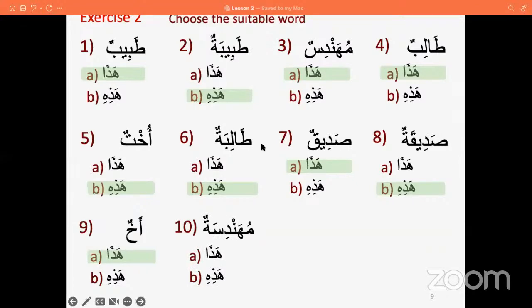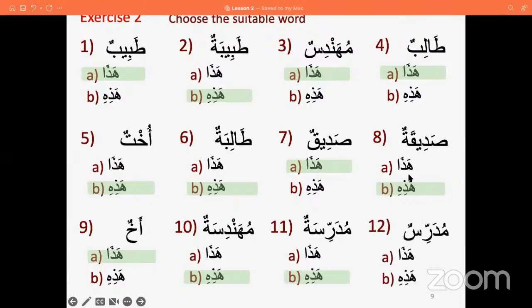Is it هذا or هذه مهندسة? Well done. How about the word مدرسة? Is it هذا or هذه مدرسة? Right, هذه. How about the word مدرس? Is it هذا or هذه مدرس? Excellent. Very well done. Yes, it's هذا.